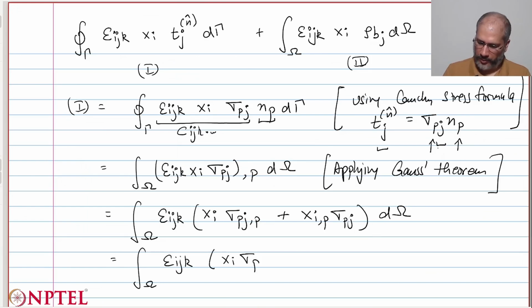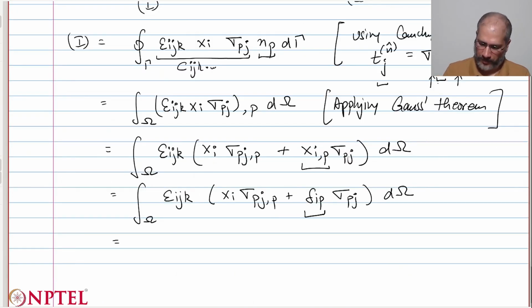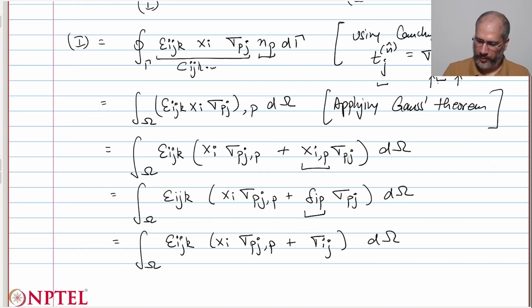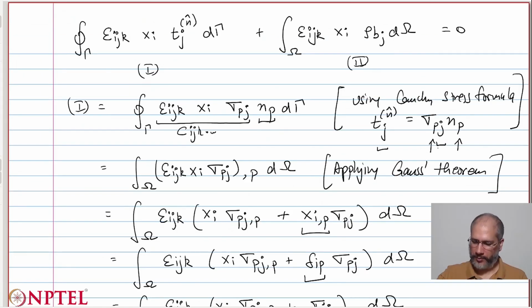This stays as it is, but this x_i comma p is nothing but delta_ip times sigma_pj, and I can apply the substitution property of delta now. So this becomes a sigma_ij d omega. So this is the first term, and the second term is a volume integral, so we'll not touch it right now.